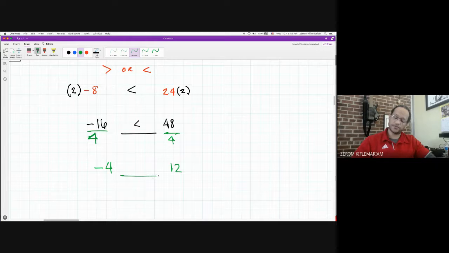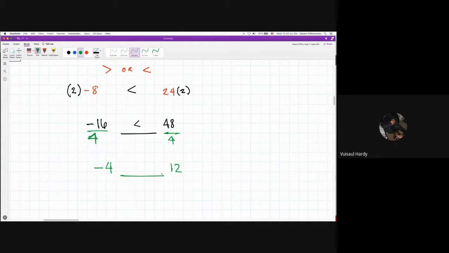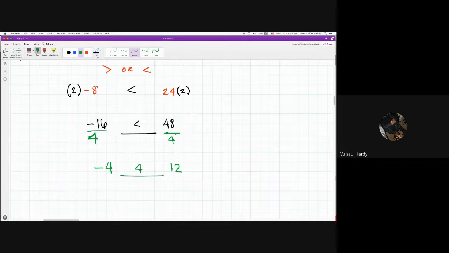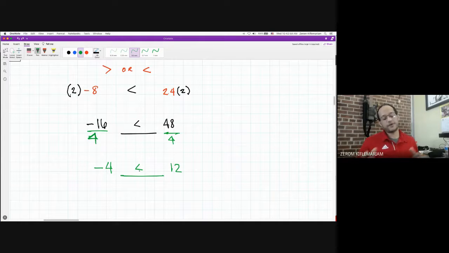What sign goes over here? Less than still. So what happens if I multiply by a positive number and divide by a positive number? Nothing happens to the sign.